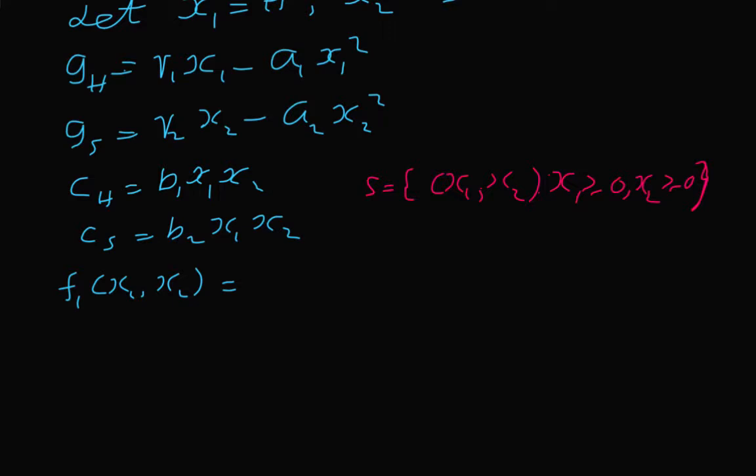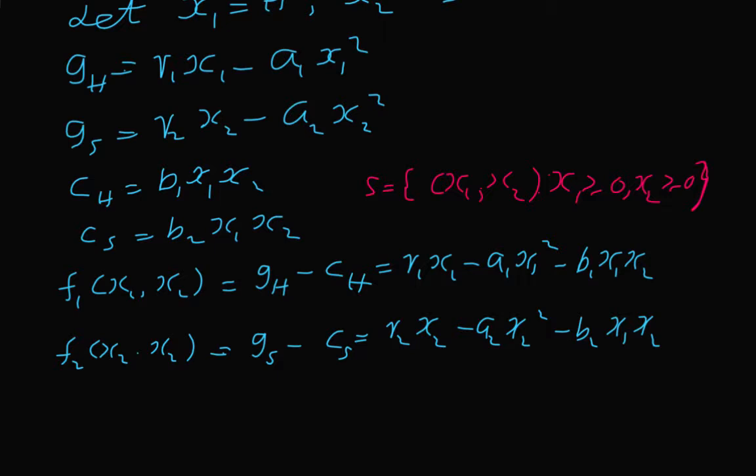So how do we write this down? GH, the growth rate for hardwood, minus the loss due to competition for hardwood, which is CH. In notation, GH minus CH becomes r1 x1 minus a1 x1 squared minus b1 x1 x2. Similarly, you can write down f2 for x2.